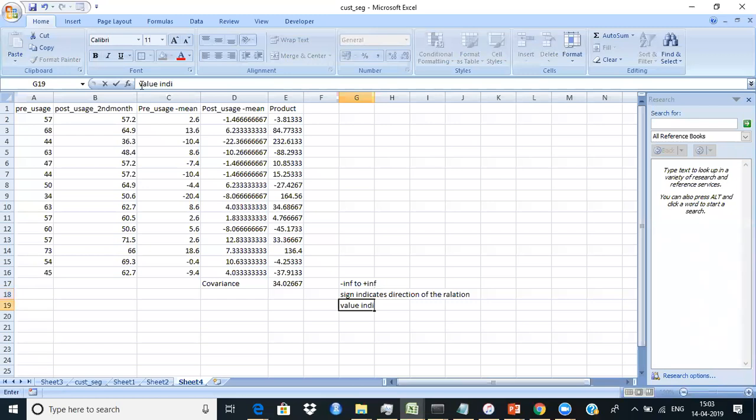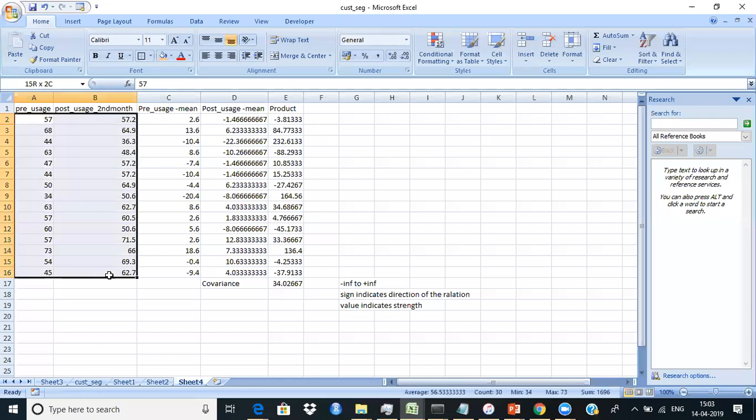The value indicates strength. Since this is a positive sign, it means that pre-usage and post-usage are positively related, and this 34 indicates the strength.